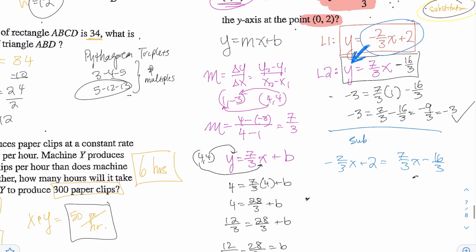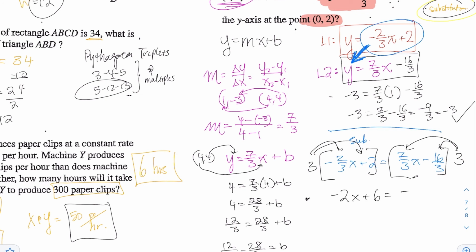So to solve for this, the annoying denominators are in the way. So you would multiply both sides by 3 first, and just distribute it, and that will get rid of the denominators at least. So you'll have -2x + 6 is equal to 7x - 16.